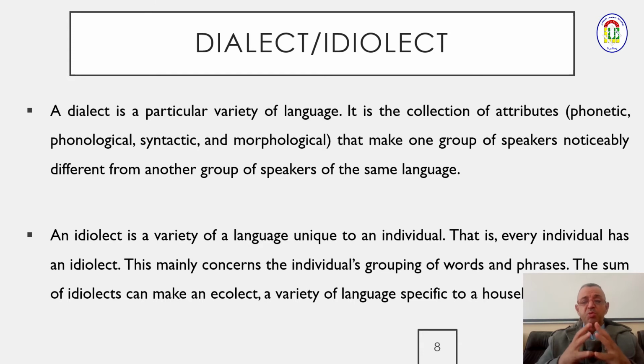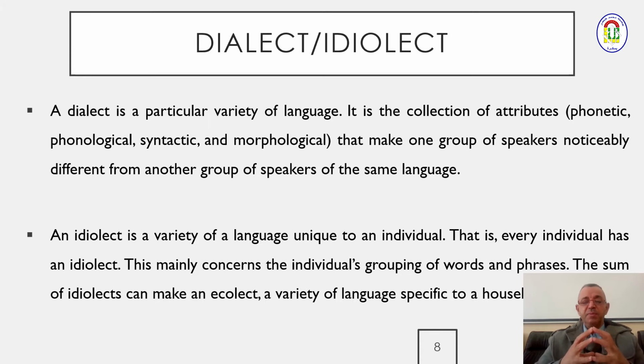That's why when we talk about a dialect, we have many types of dialects. We have, for example, the very common one, the geographical dialect. The geographical dialect is that type of language variation that makes one geographical location differ from another geographical location, although they speak the same language.